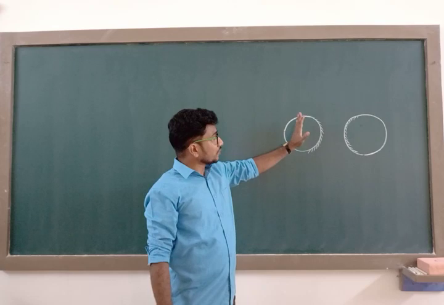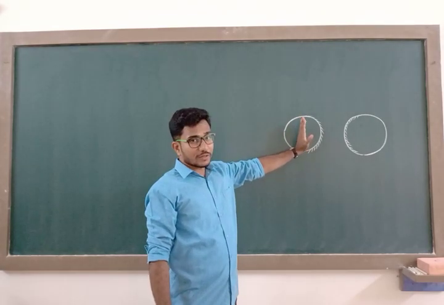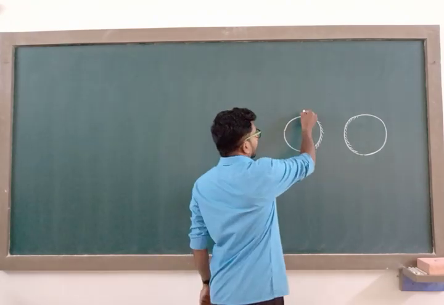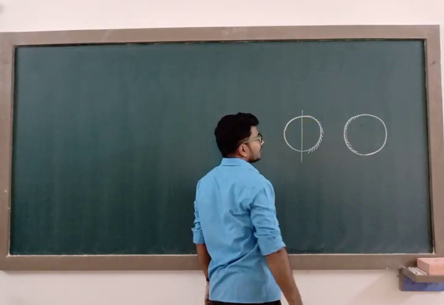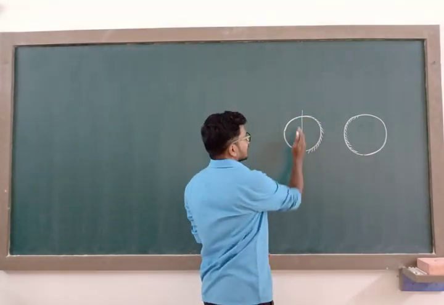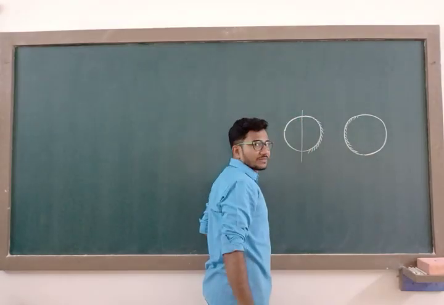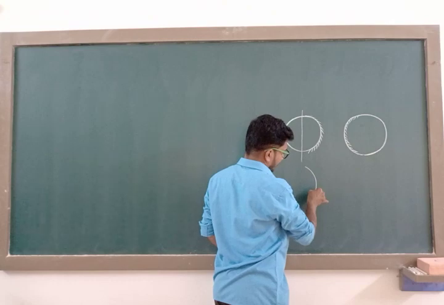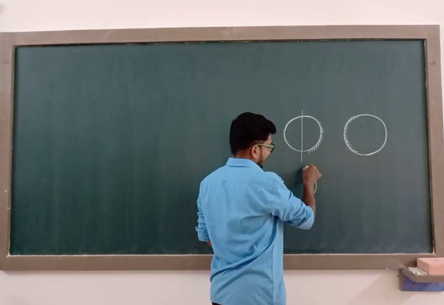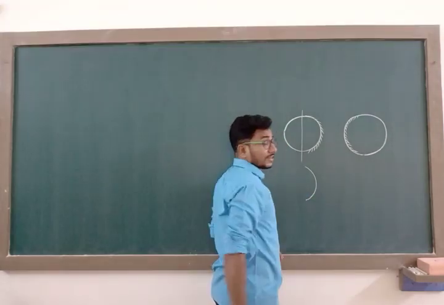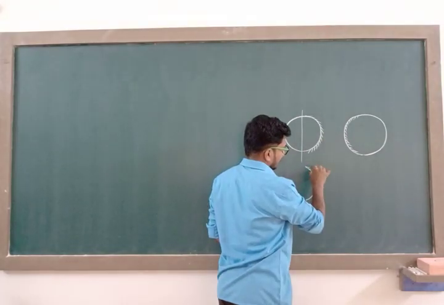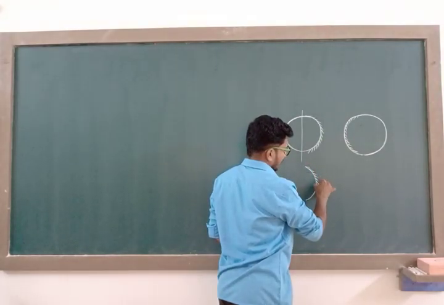Now I am going to divide this sphere into two parts. So let us consider this portion of the sphere. It is like this. Outer surface is opaque.